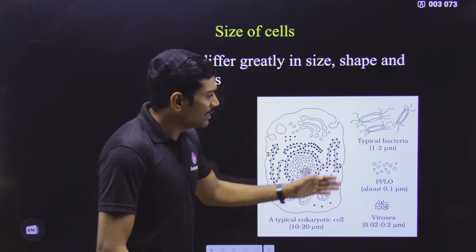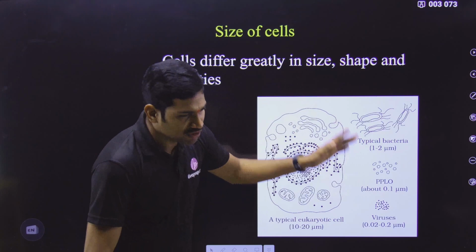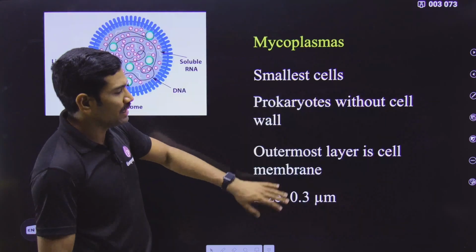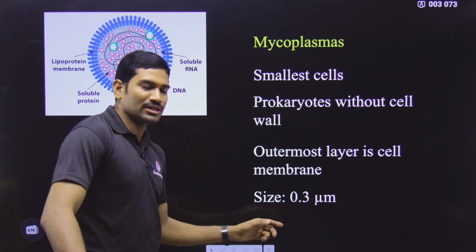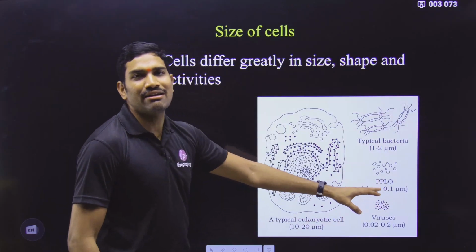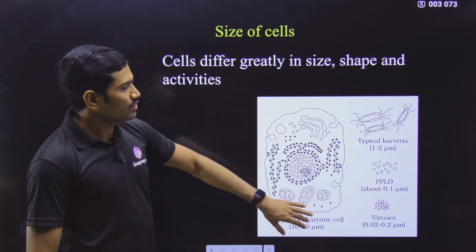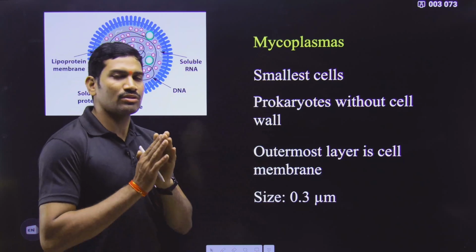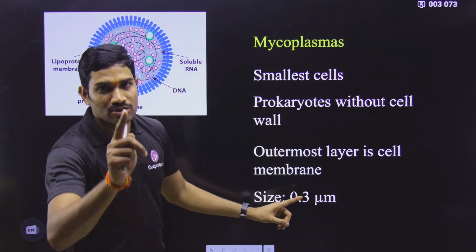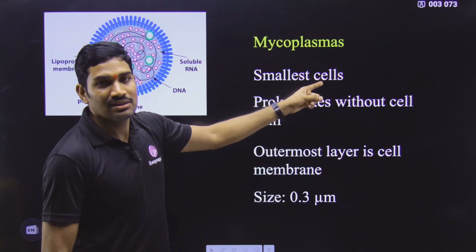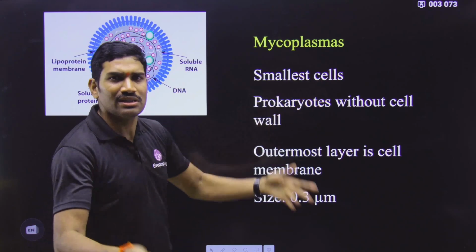Mycoplasma only, because PPLO are also a type of mycoplasma. Please remember this. This is the average size for overall mycoplasmas, and this is what they have given specifically for the PPLO type. So in this way, PPLO and mycoplasma, the answer will be the same. And the smallest cells are mycoplasmas. Now you just imagine, smallest cells, they are not talking about viruses because viruses are not cells at all.